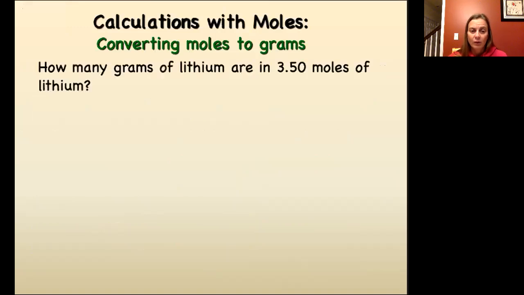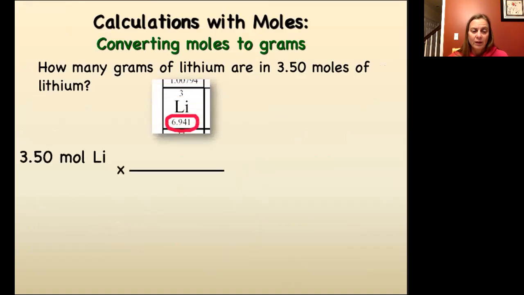If we want to know how many grams of lithium are in 3.5 moles of lithium, we're going to look at the periodic table. We're going to see that the molar mass of lithium is 6.941. We're going to say, well, 3.5 moles of lithium. We know that 1 mole of lithium is 6.941 grams of lithium.